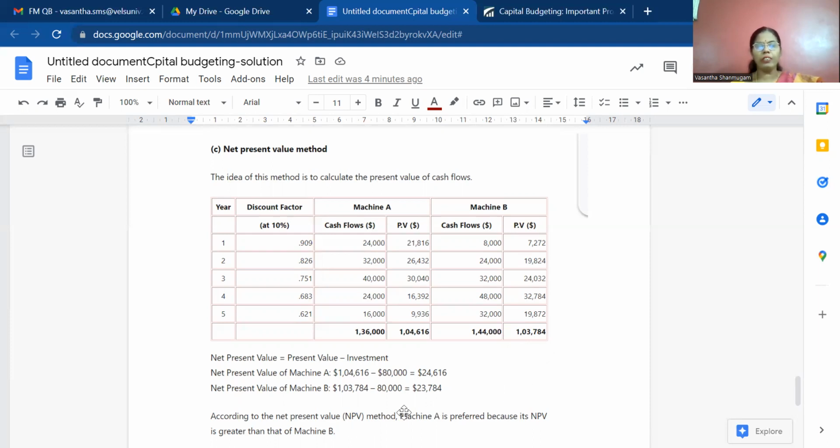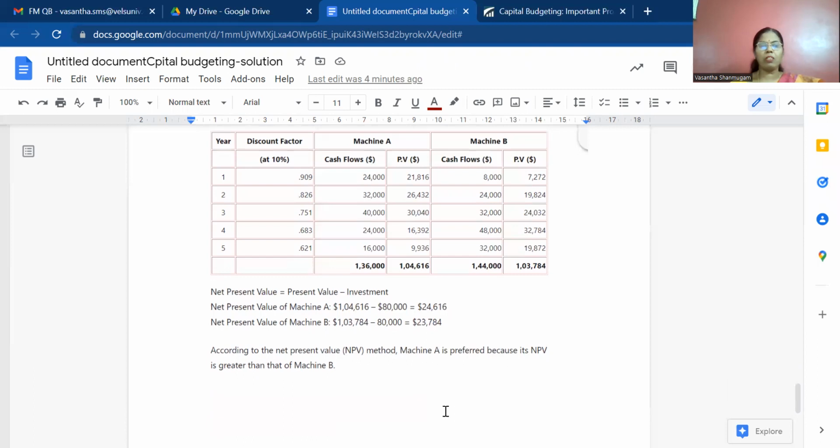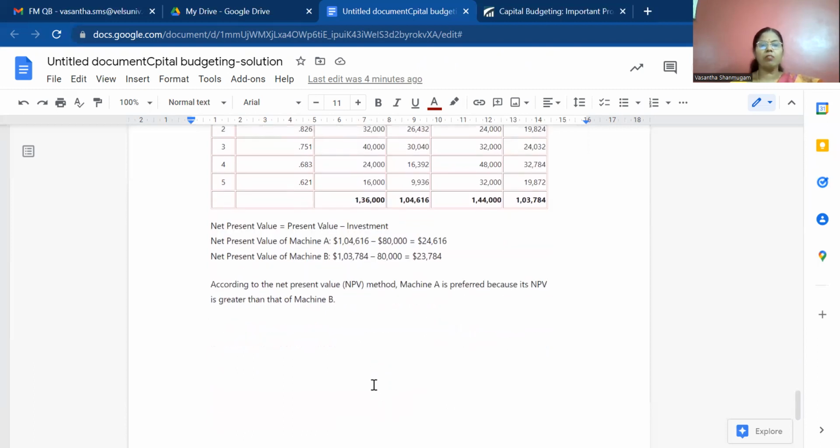When you deduct the cash outflow, you get 23,784. So as far as net present value is concerned, machine A generates more than machine B: 24,616 for machine A, but 23,780 for machine B.